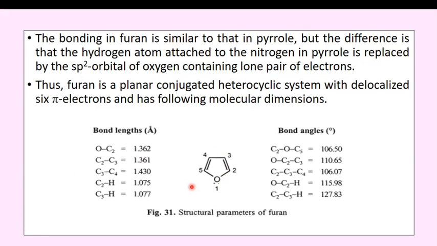So these are the molecular dimensions, that is the structural parameters of furan, with its bond lengths and bond angles. Between O and C2 it is 1.362. So these are all bond lengths and these are bond angles.